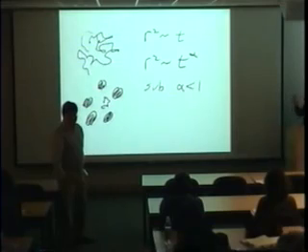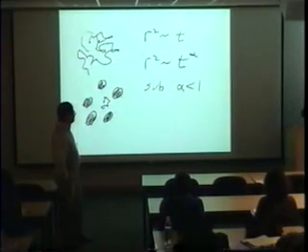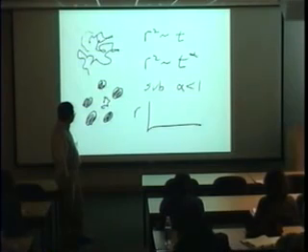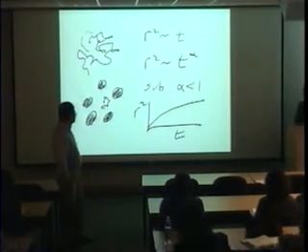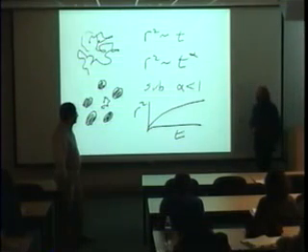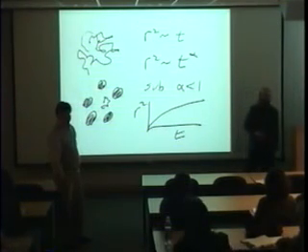So it looks like a subdiffusion because you take out the long tail of the probability distribution. So when you plot r squared versus time, it looks like this for an anomalous subdiffusion, as opposed to being linear.